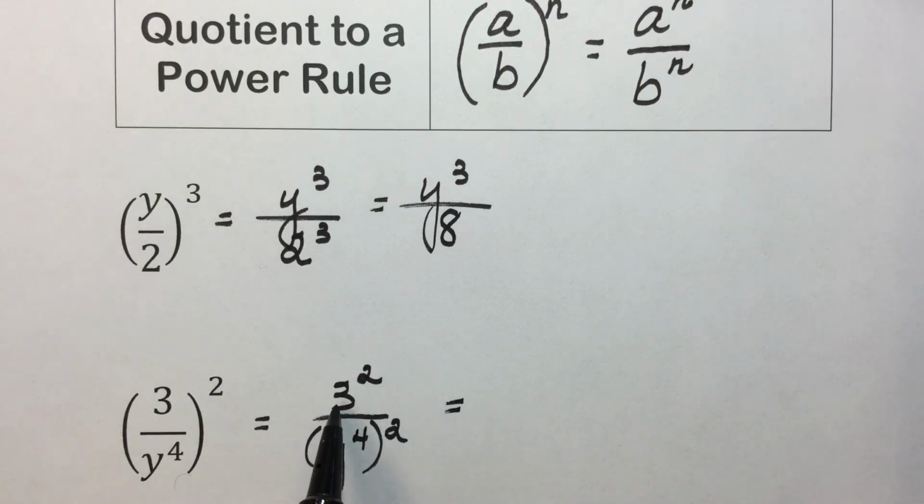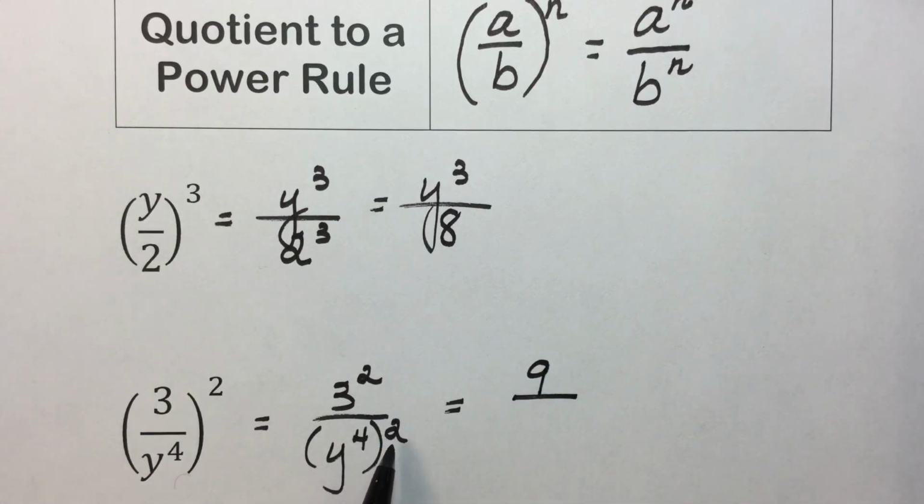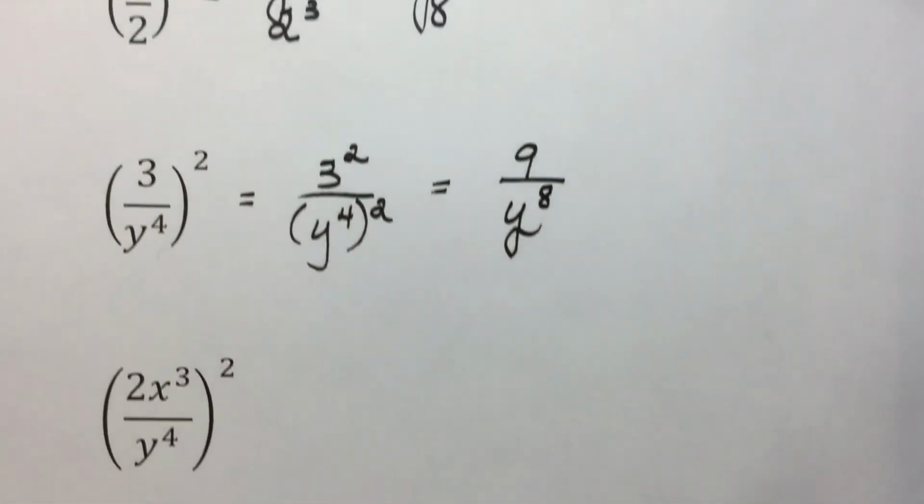In the numerator, since this is an integer raised to a power of 2, we can simplify 3 to the power of 2. 3 squared is equivalent to 3 times 3, or 9. And in the denominator, we have a power raised to a power. Using our power rule, we will multiply the exponents for a simplified 4 times 2, or exponent of 8, on the base of y.